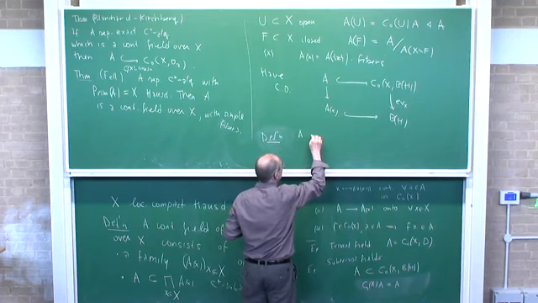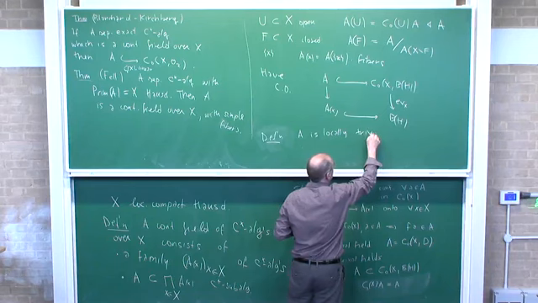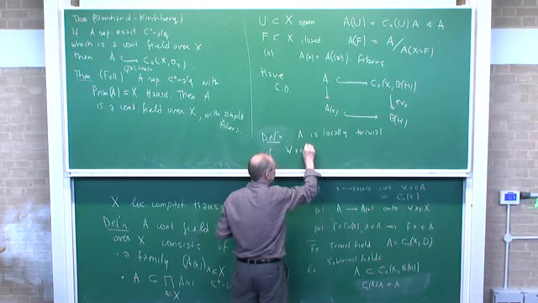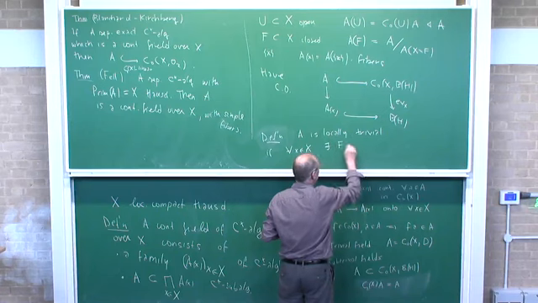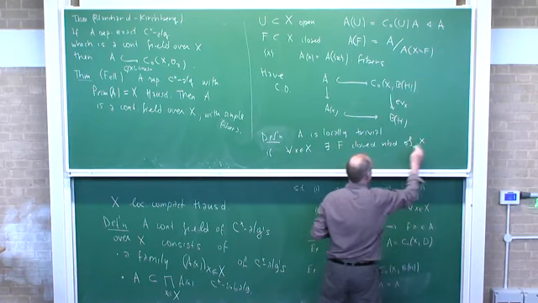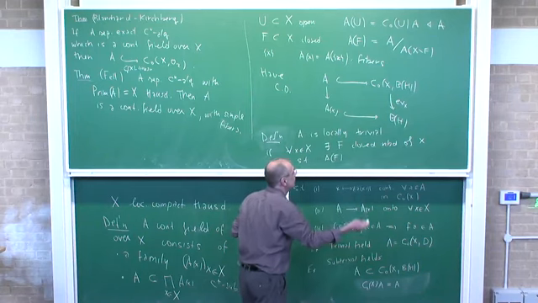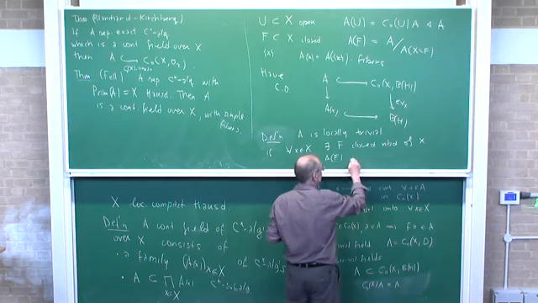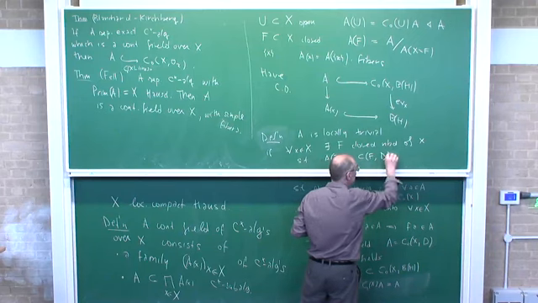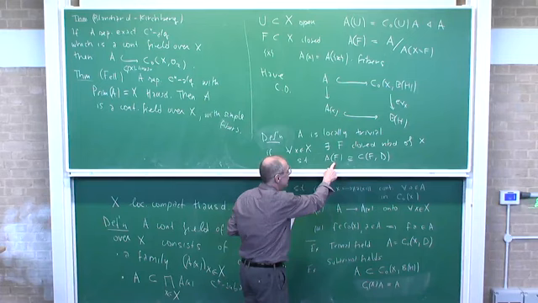So we say that A is locally trivial if for any x in X, there is F, maybe a closed neighborhood of x, such that if you restrict, then this is isomorphic to continuous functions on F with values in some fixed algebra D. You can formulate it also with open sets.